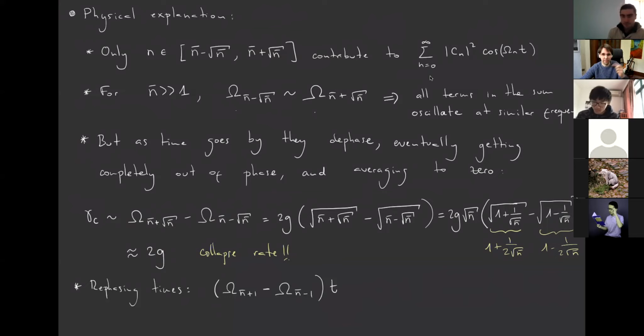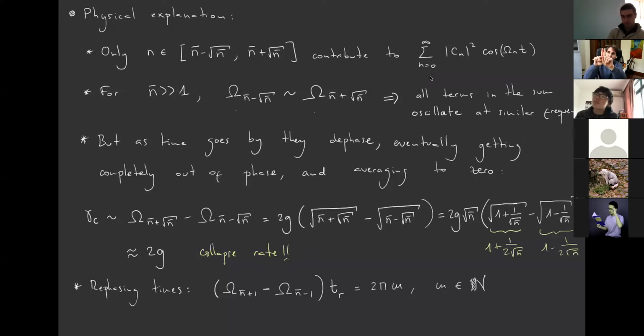Essentially, when the time is such that the difference in frequencies times the time, and we will call TR the revival time, is 2 pi times some positive integer, then we will also get a constructive interference, okay?